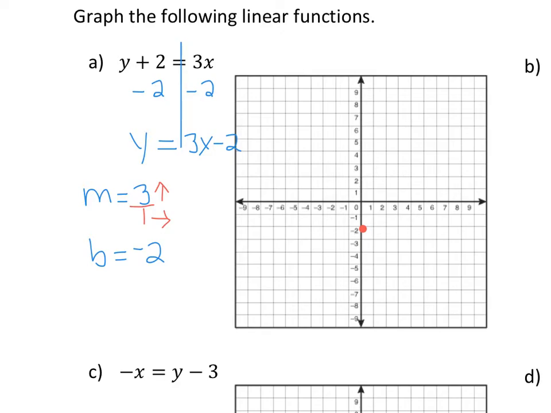We're going to start at our point of -2. We are going to count up 3 and then right 1. So start here, 1, 2, 3, and then right 1. So put a point at the coordinates 1, 1.